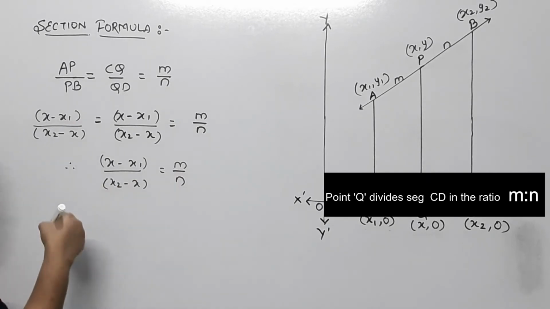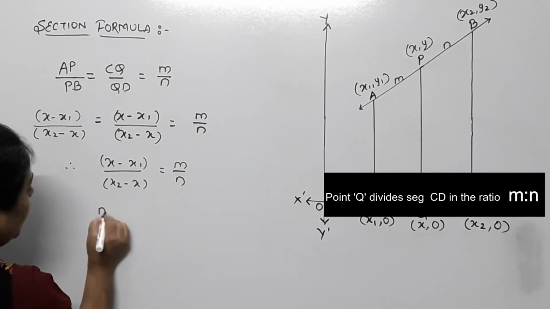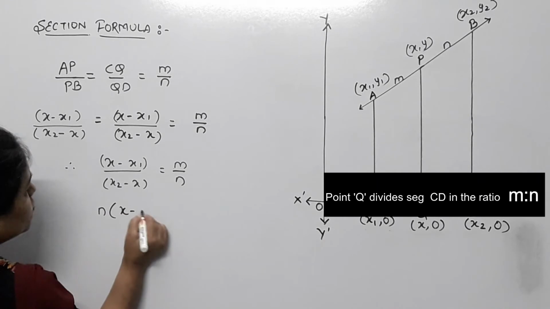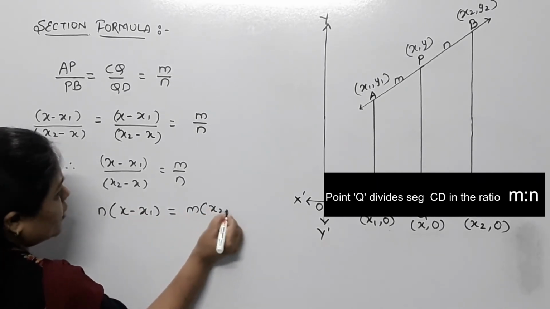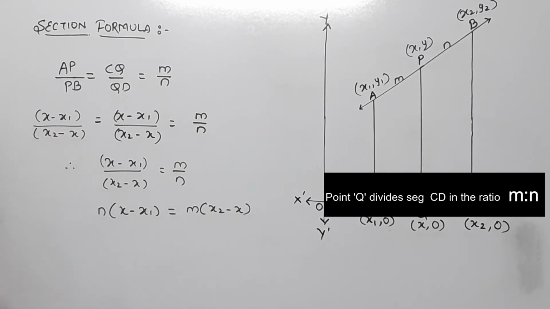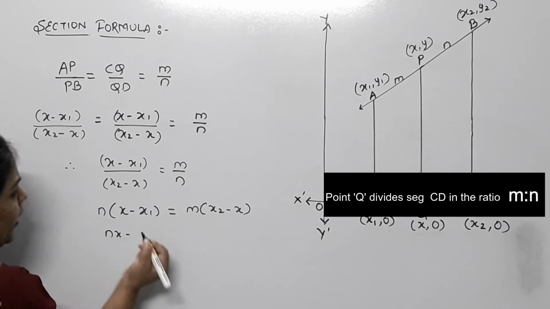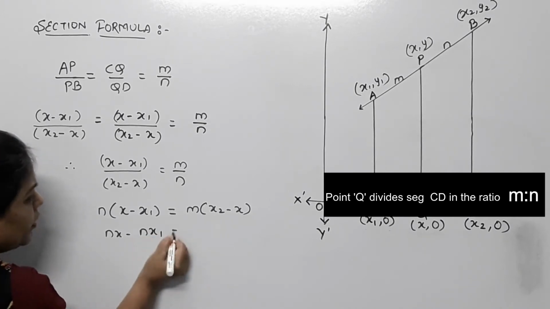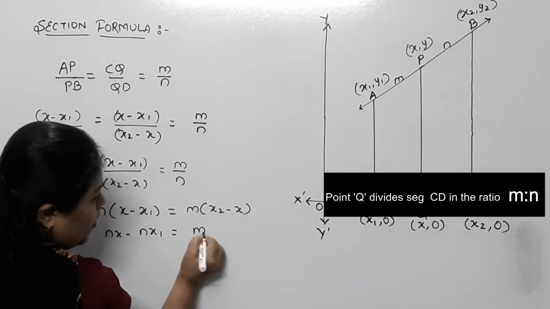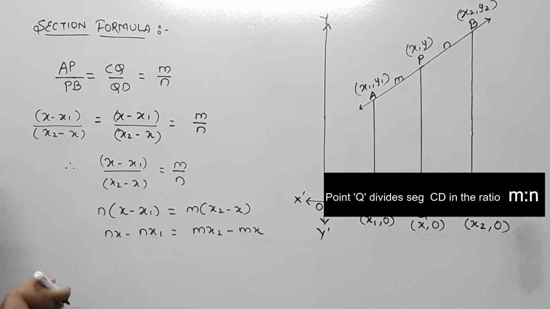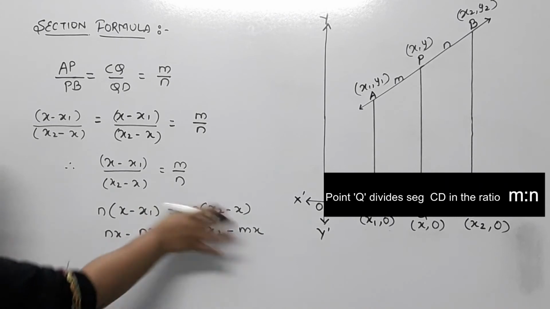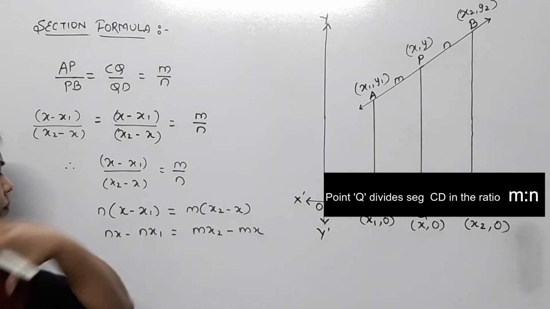Now we'll cross multiply the values. So it will be n into x minus x1 is equal to m into x2 minus x. Right? Now open the brackets. It will be nx minus nx1 is equal to mx2 minus mx. Now x terms we will take to one side and x1 and x2 terms to the other side.